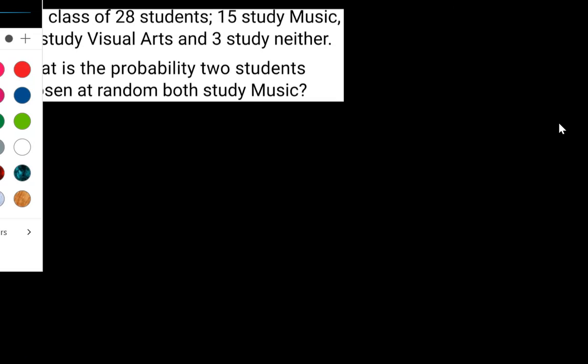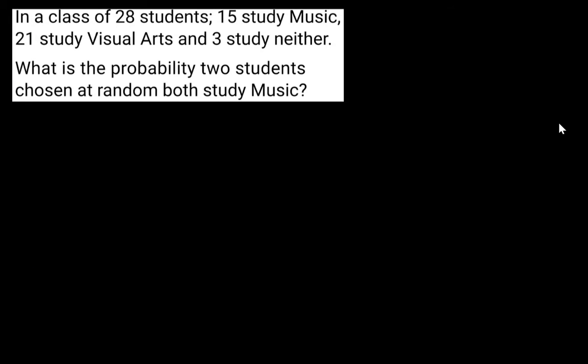So the total here is 28. And let's add up the data we're given. 15 plus 21 plus 3. If we add those up, we arrive at an answer which is greater than 28.